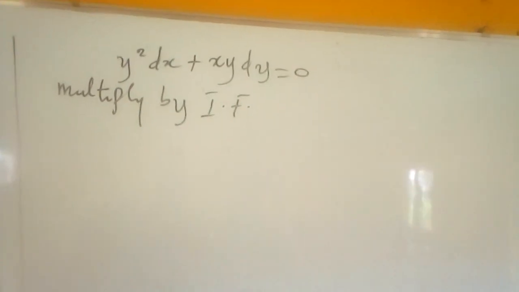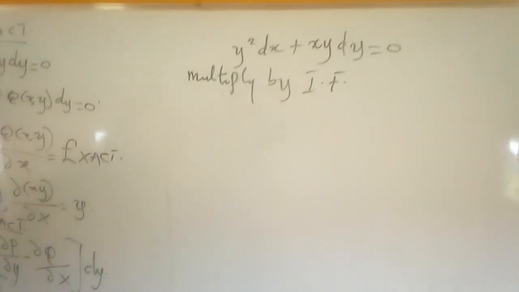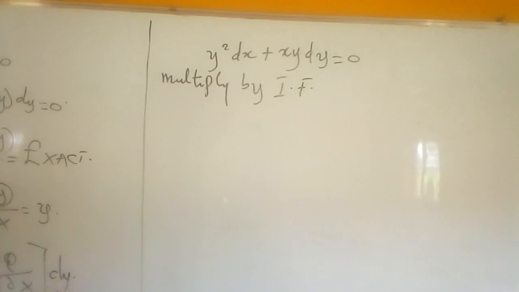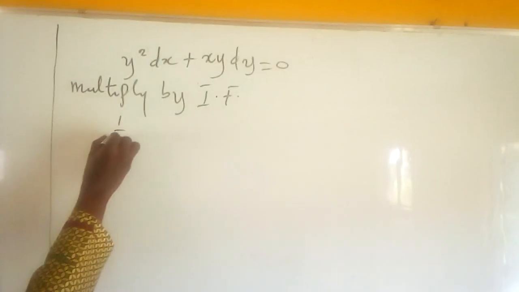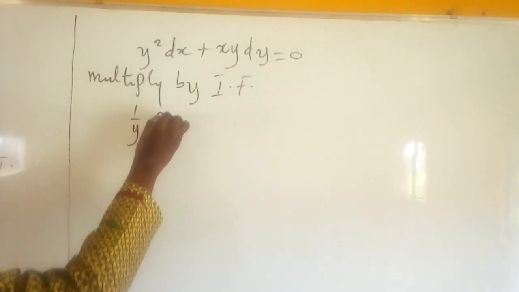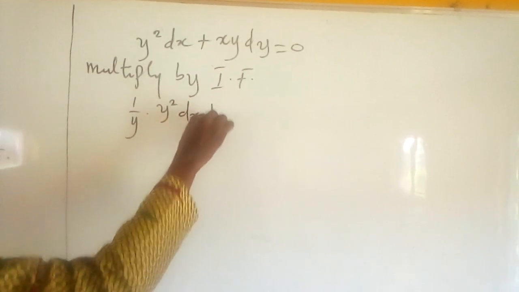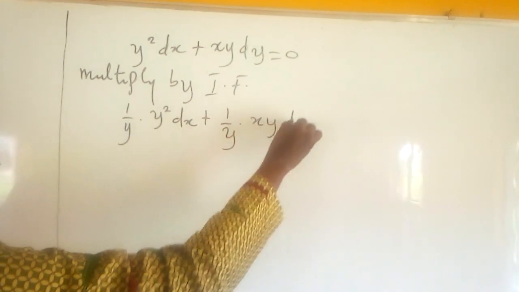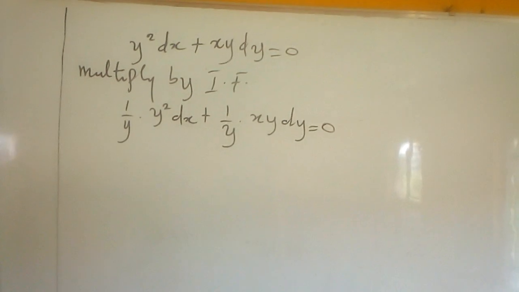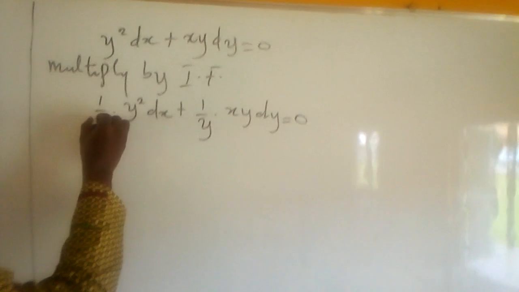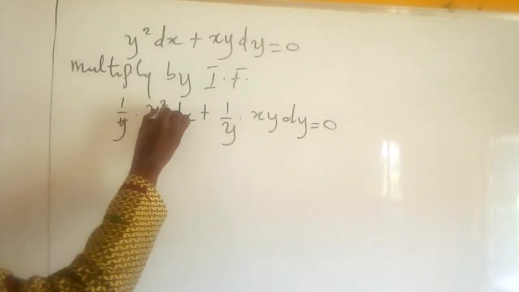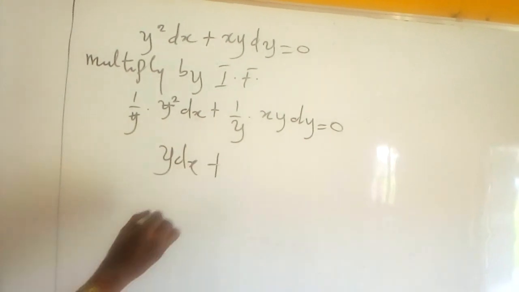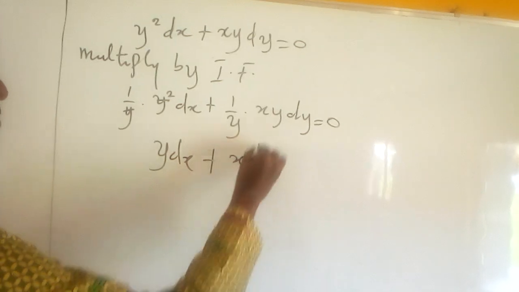That will be 1 over y multiplied by y squared dx plus 1 over y multiplied by xy dy is equal to 0.